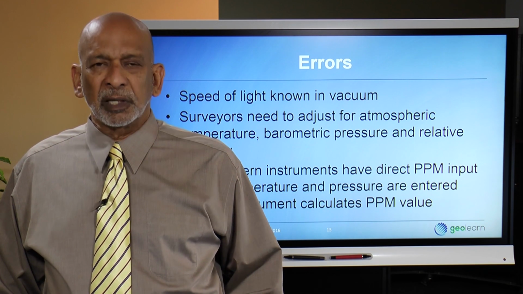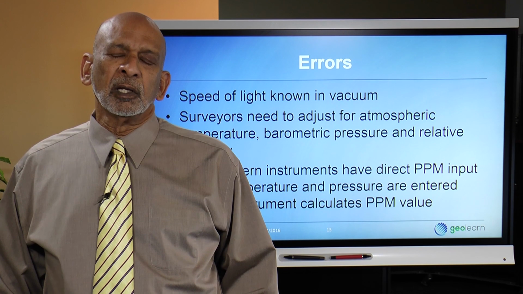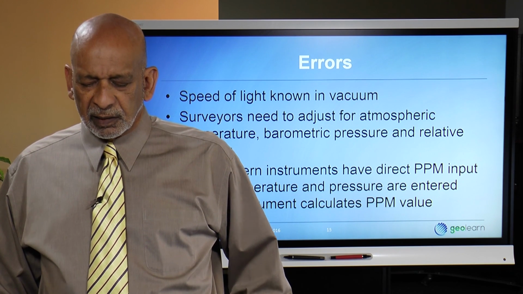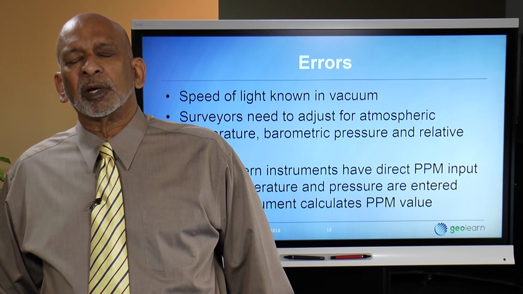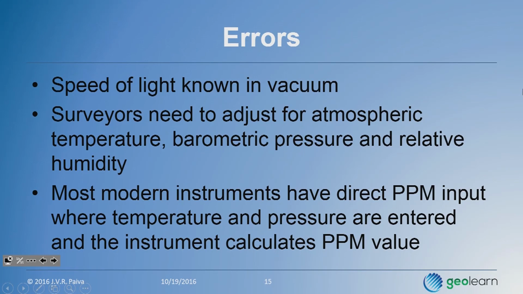The good thing today, compared to when EDMs were first introduced, is that most instruments have a way to directly input what we call a ppm correction, where you enter the temperature and pressure of the atmosphere from your measurements or your estimation, and the instrument then calculates what the ppm adjustment needs to be and then applies it.